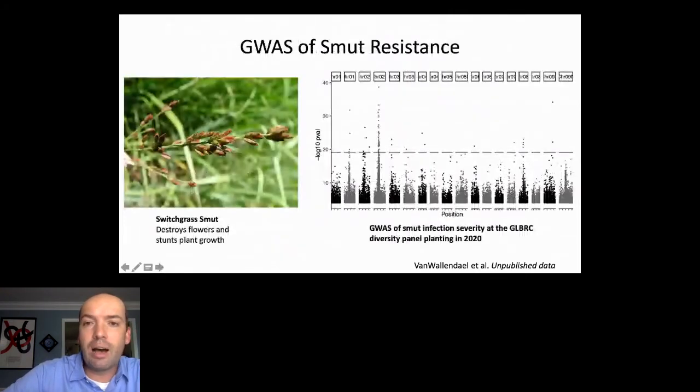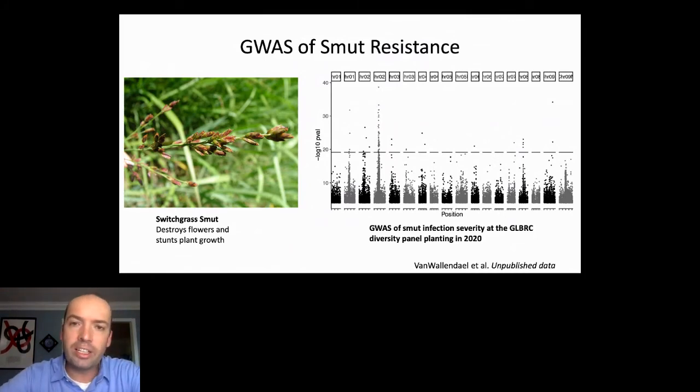In addition, we noticed that there was a lot of smut that had come into our plants later on. Smut usually settles in about year 3 or 4 for switchgrass, especially in the north. And so we conducted genome-wide association studies of that. And at most field sites, we didn't come up with an association.